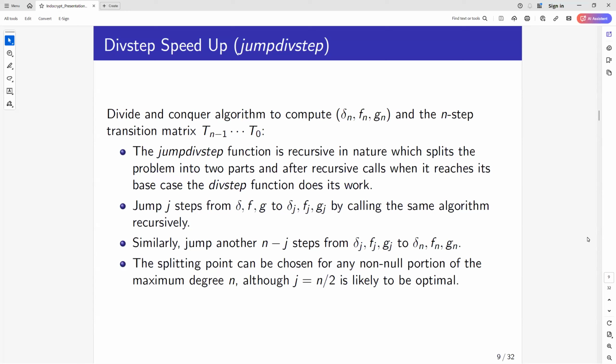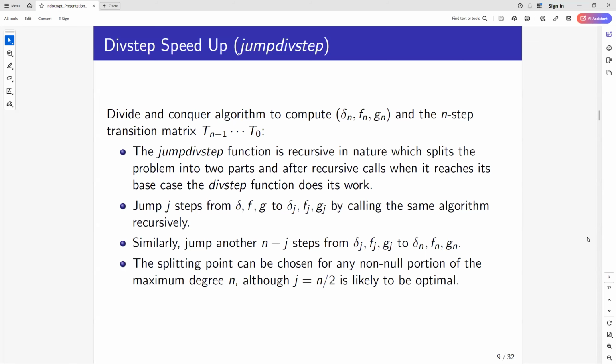Suppose you are doing n div steps, it divides this n length problem into two different problems, j and n minus j. For the first j steps, it jumps from delta f g to delta j fj gj by calling the same algorithm recursively, and from there another n minus j steps will give me the nth output of the div steps.